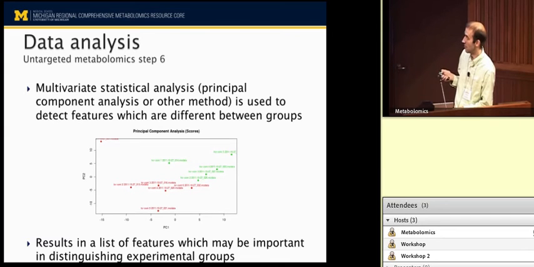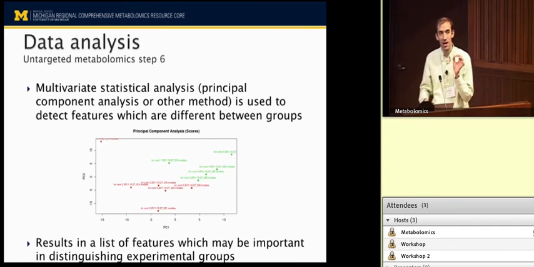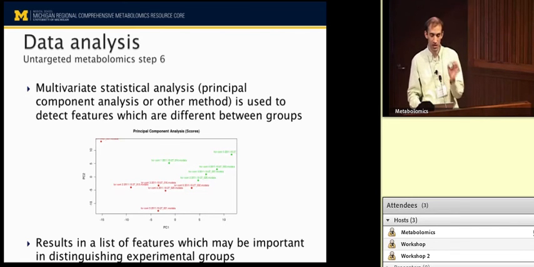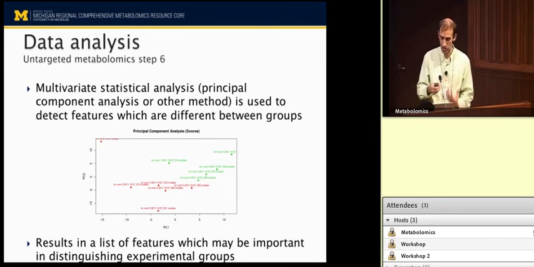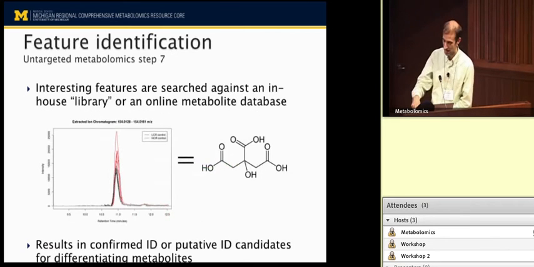And the end result of that will be a list of features which may be important in distinguishing your experimental groups. Okay, so now we have a useful piece of information that you can deal with, and you can start to interpret biological meaning into that.